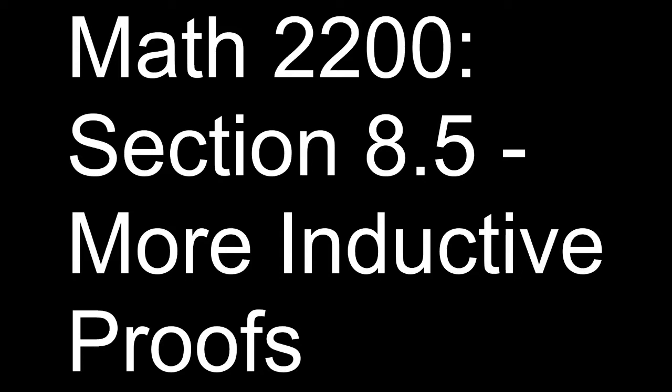It's called the inductive step. So again, hopefully you've seen Section 8.4, because I'm just going to go right into these proofs. It's the same steps as in Section 8.4. Like I said, I'm just going to get right into it.